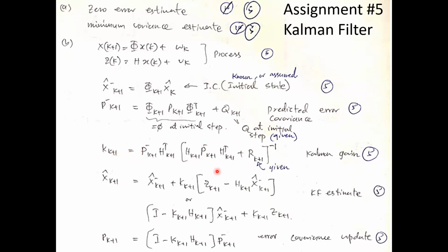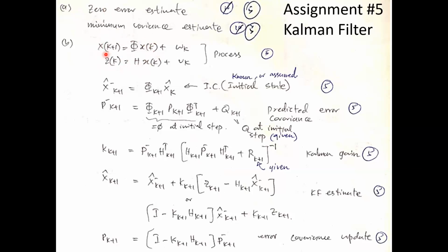What the gain does is that it tries to combine the measurement of the sensor reading together with your prediction using the dynamic model. There you have a model, right?